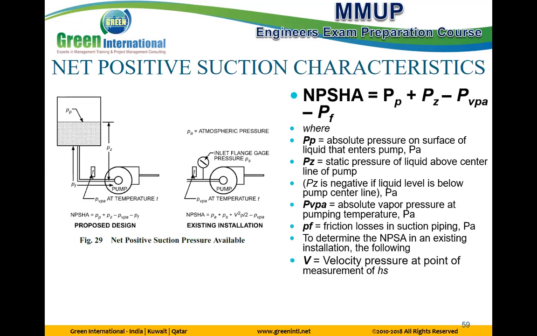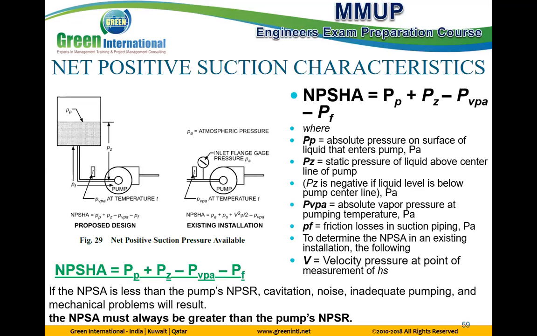And then going to the more detailed equation for calculating net positive suction head available, which is equal to the atmospheric head and the static head of the surface, minus the vapor head, which represents the saturation pressure or vapor pressure, and also the losses.